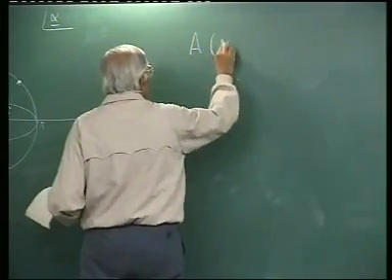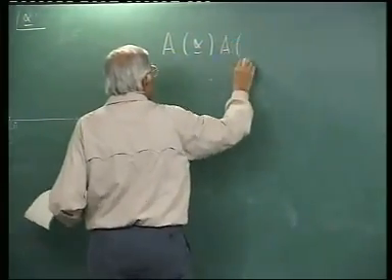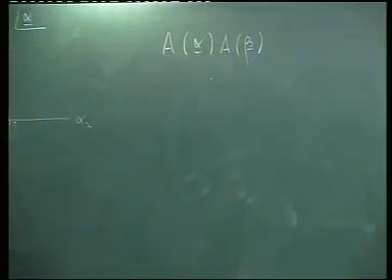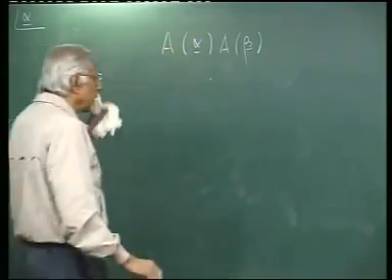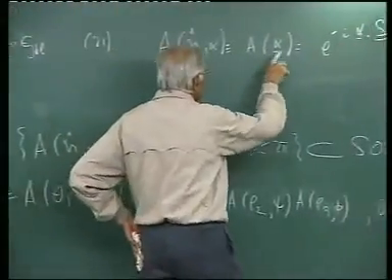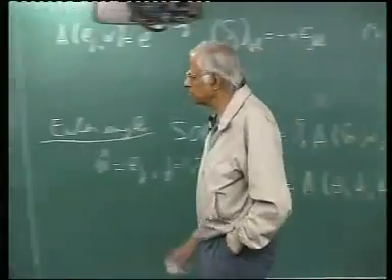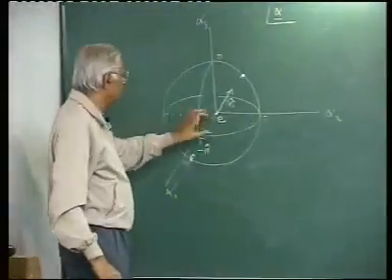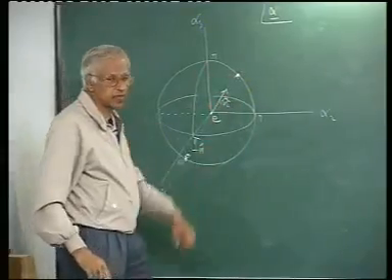What is the group composition law problem? You take a group element, a rotation. Now I am using this axis angle description where I have combined the axis and the angle of rotation into a single 3 vector. So alpha is some vector in this picture, beta is some other vector.